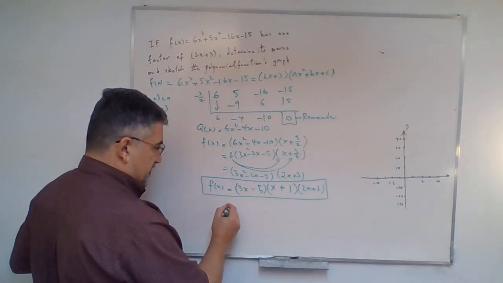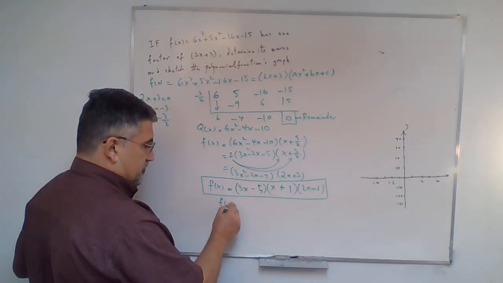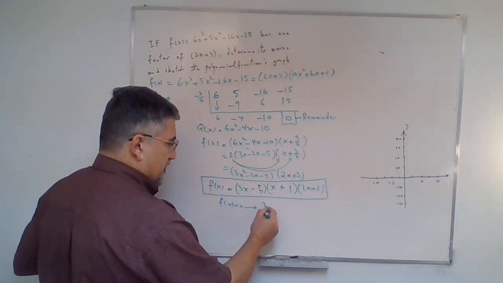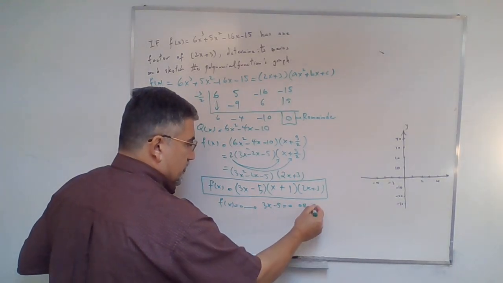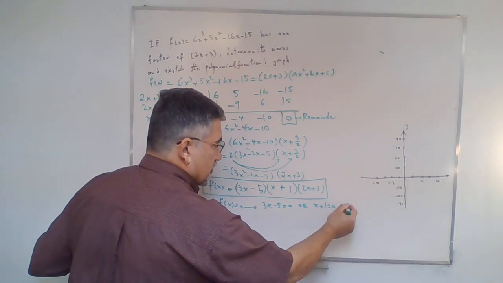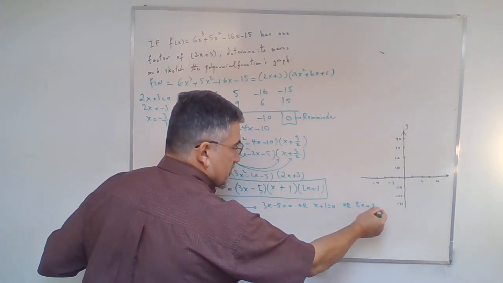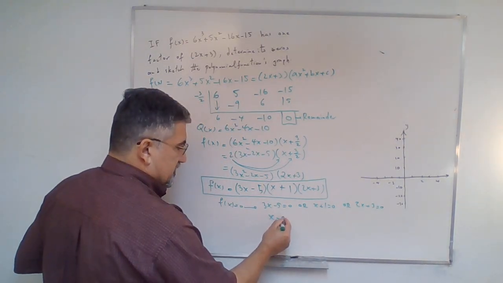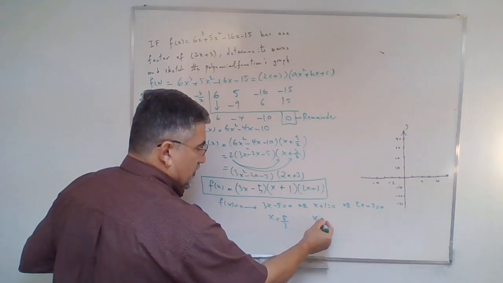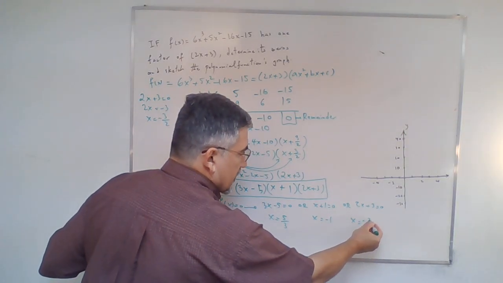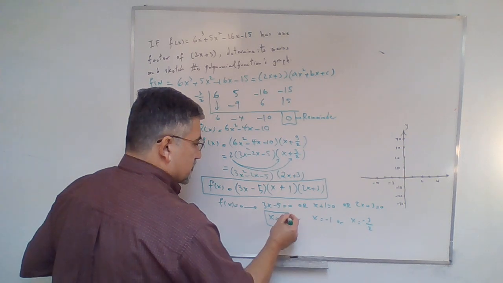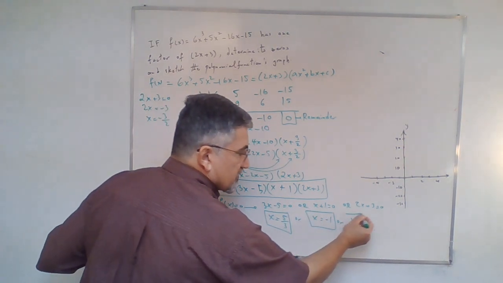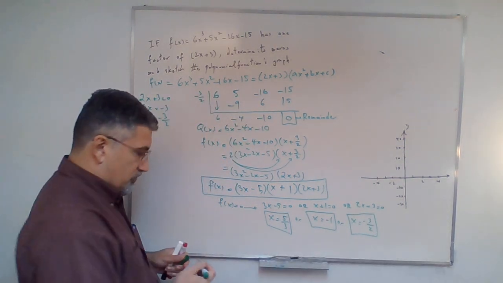Well, if you set f of x equal to 0, you're going to get either 3x minus 5 equals 0, or x plus 1 equals 0, or 2x plus 3 equals 0. So that means x is 5 over 3, or negative 1, or negative 3 over 2. The question says find the zeros, and we did find the zeros. These are the 3 zeros.